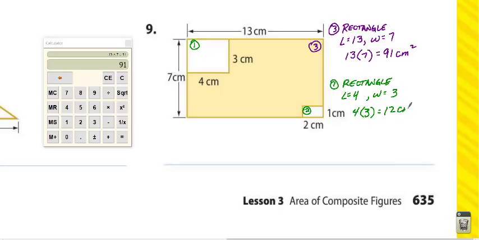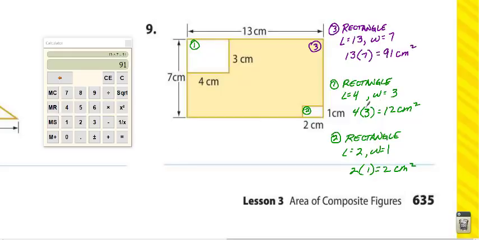That is 12 square centimeters. So I'm taking that away. I'm also taking rectangle 2 away. And again, I'm going to make sure I write down the length 2, the width 1. 2 times 1 is 2 centimeters squared.